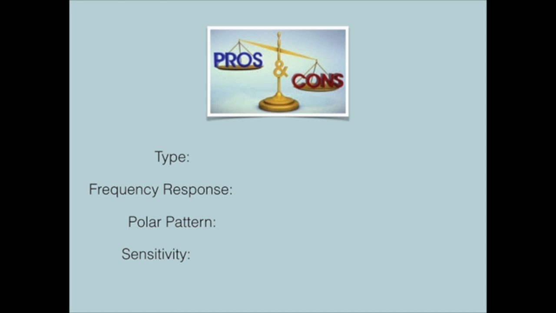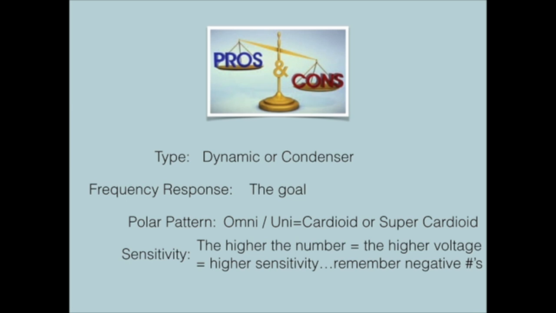All right, so there's pros and cons to everything, right? Dynamic or condenser. What kind of frequency response? If you're trying to record a whole room, then you want it omnidirectional. If you're trying to record a specific person or instrument, you would want something more unidirectional. Just depends on what you're looking for. And the sensitivity. The higher the number, the higher the voltage.